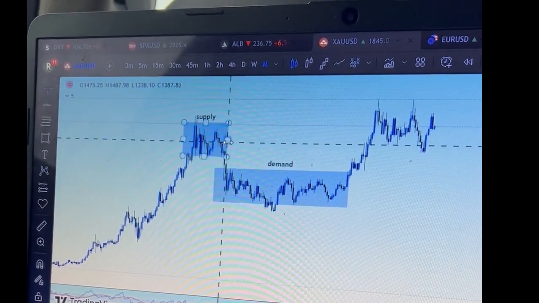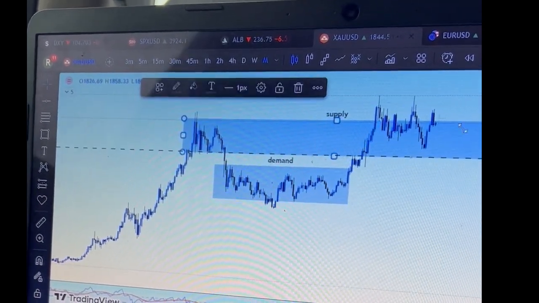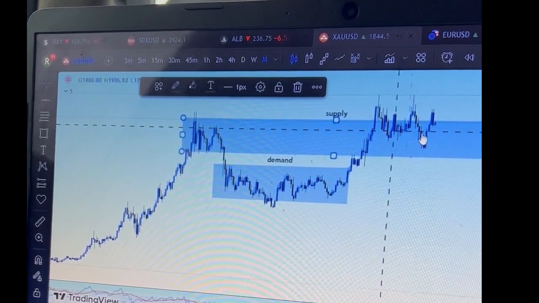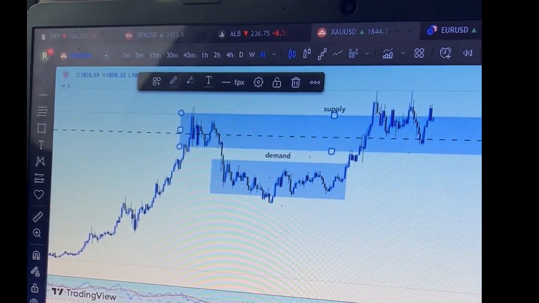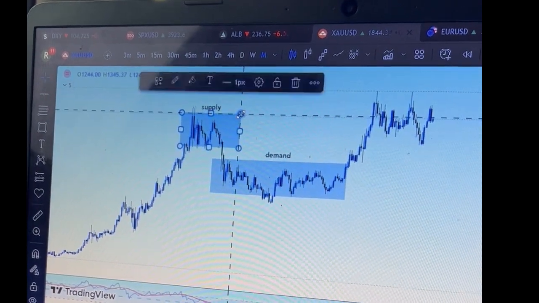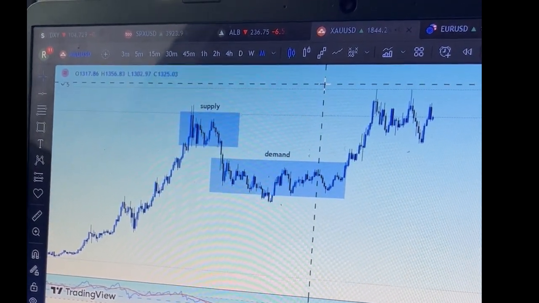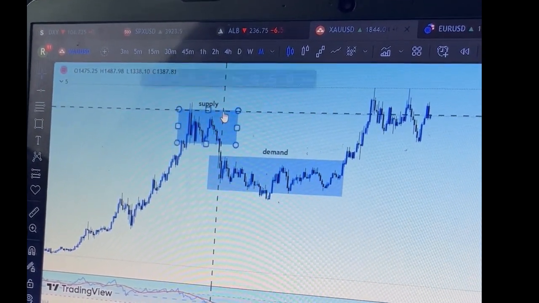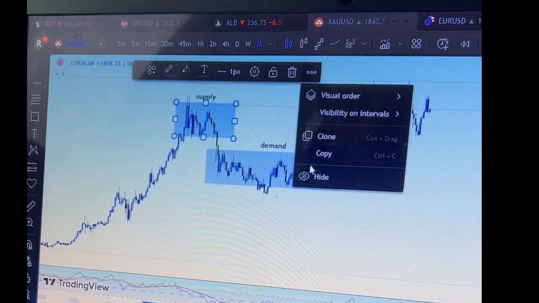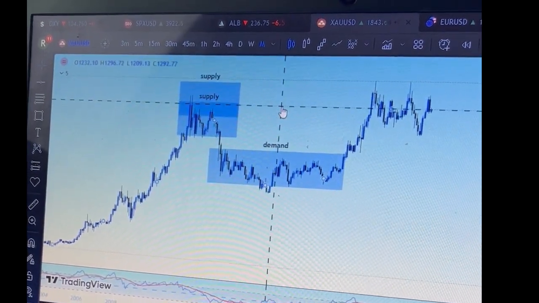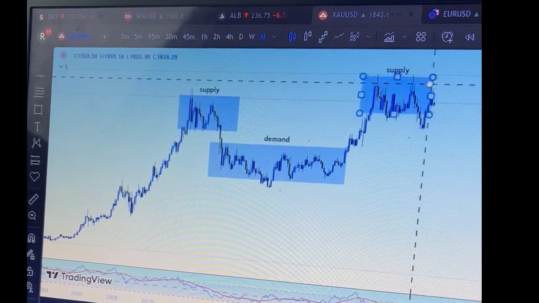Then we come back up, and if I were to stretch this out, we would say, okay, that falls into supply as well. Let me clone that real quick, drag it over here.